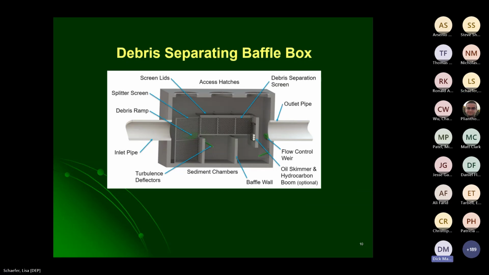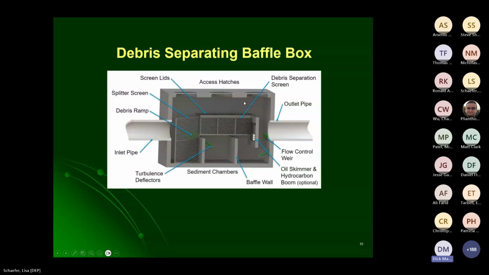Very quickly, I want to go through some ideas of some of the technologies that have been in use in the past. Some are not, I don't think, being used that much anymore, and you'll see why. This is a case where you've got a debris separation screen, and you've got access hatches obviously carried out.